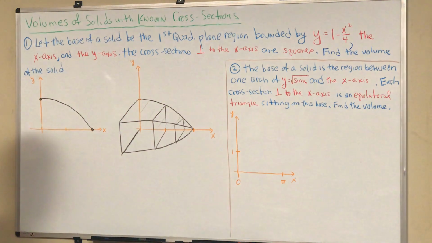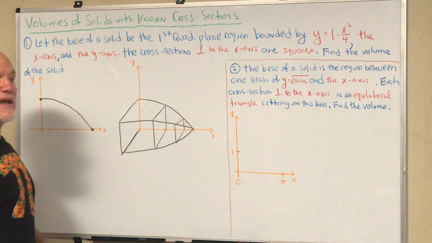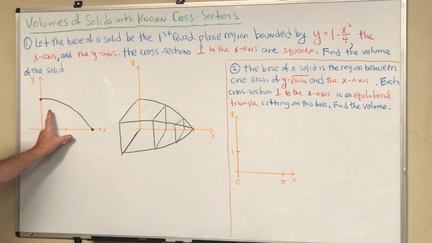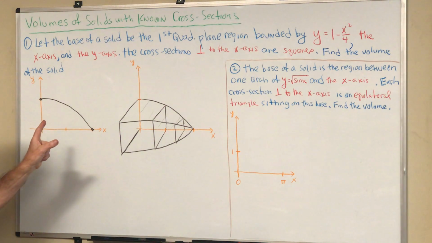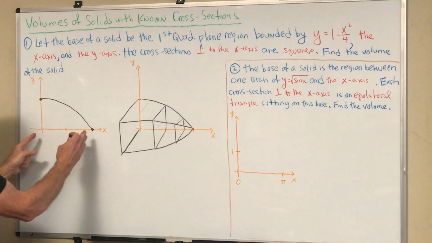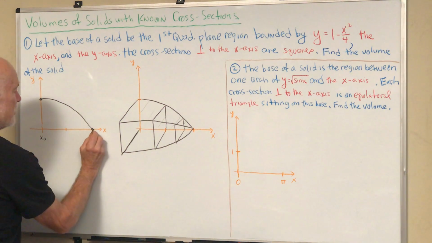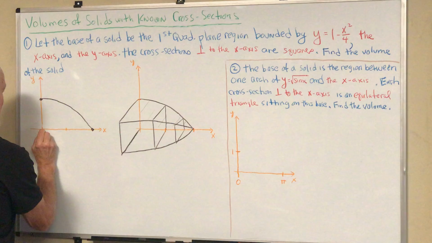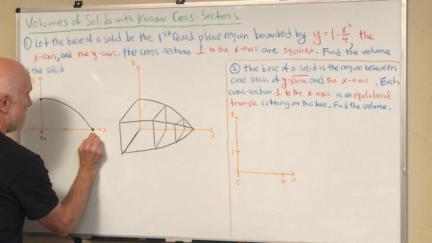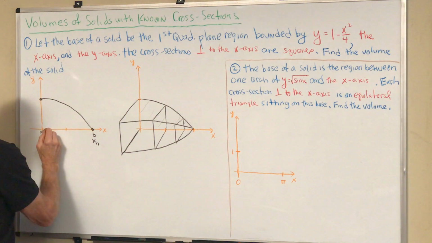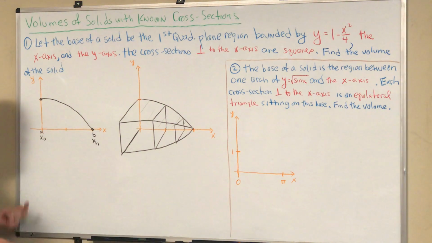So anyway, I'm not going to ever do this when I'm actually trying to find the volume. What I'm going to do instead is divide this up, just like we did before, into n sections. I'm going to call this x sub 0, this might be a in general, and this is b, and this is x sub n. In this case, a is going to be 0 and b is going to be 2.